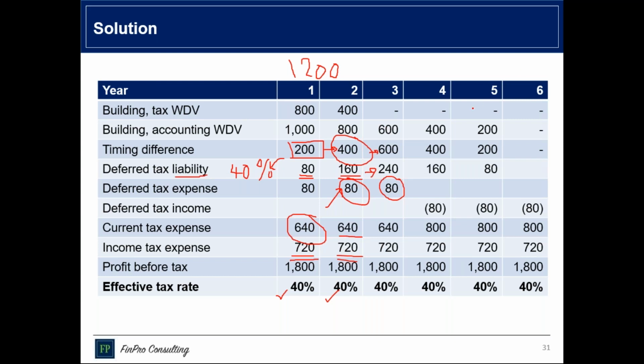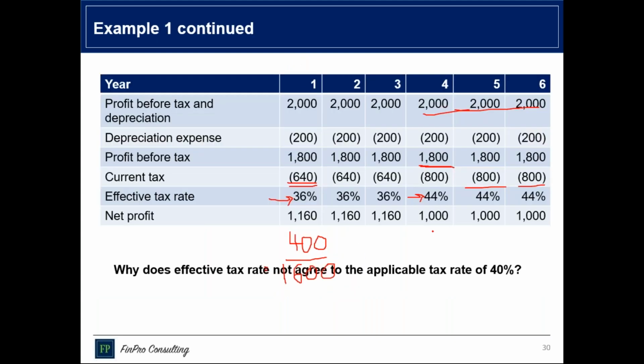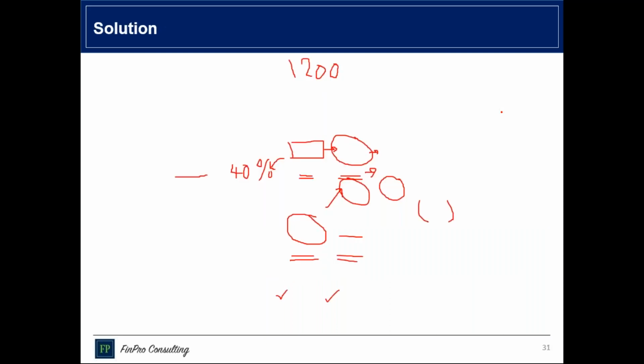Now if you see the fourth year, your tax WDV is 0, your building WDV is 400, the deferred tax liability is now 160. So it has reduced from 240 to 160, thereby resulting in reversal of deferred tax expense or creation of deferred tax income. So if you see the current tax, you are paying 800, 800 and 800 in the fourth, fifth and sixth year.